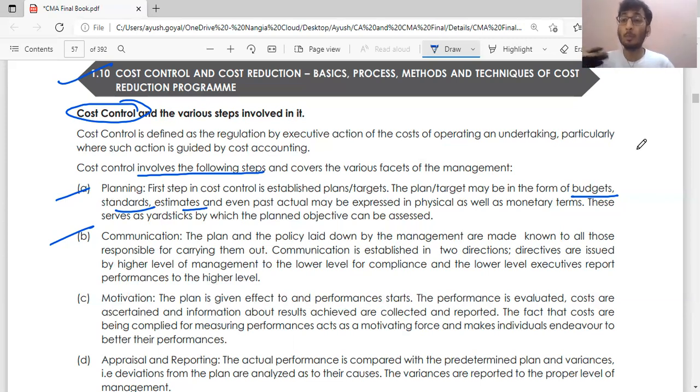So the second step is to communicate the target set by you to all levels of persons, whether managers, supervisors, project heads, employees or laborers. Why laborers as well? Because there is a chain: manager, then deputy manager, then project head, then the supervisors of a particular activity, then laborers.